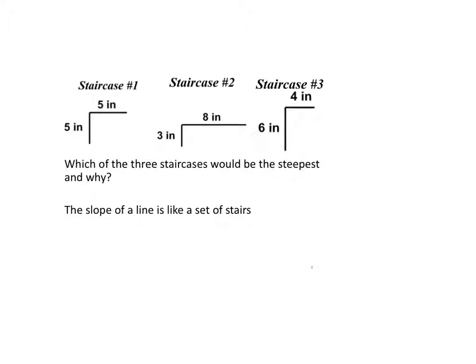Now personally I don't like steepness, so I take the 3 by 8 inch one. Actually my foot wouldn't fit on the 6 inch by 4 inch one, so it would just be uncomfortable anyways, right? I'm just pointing out that you may think about this in different ways, but steepness has to do with that vertical and horizontal change.